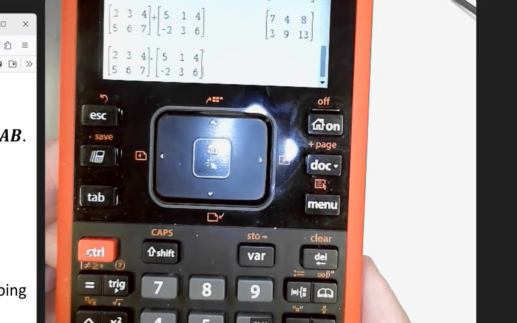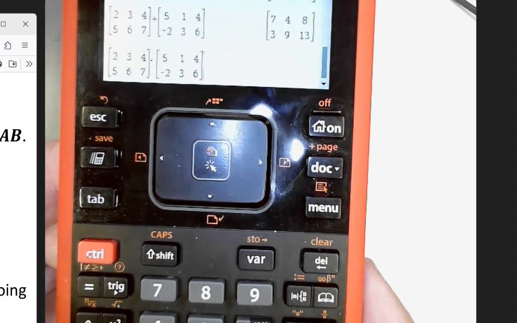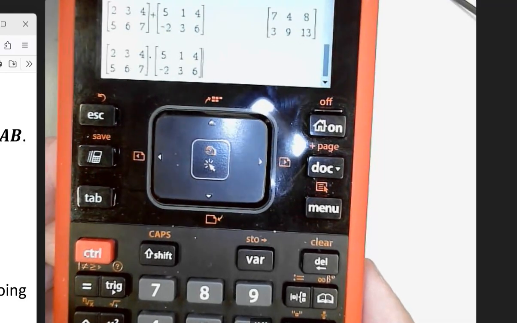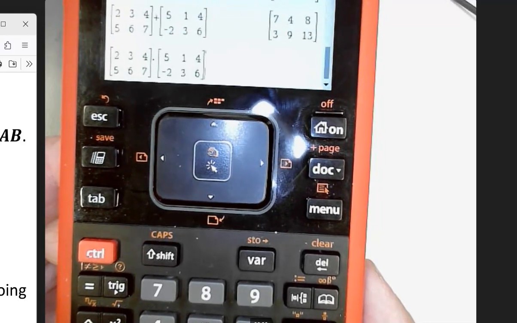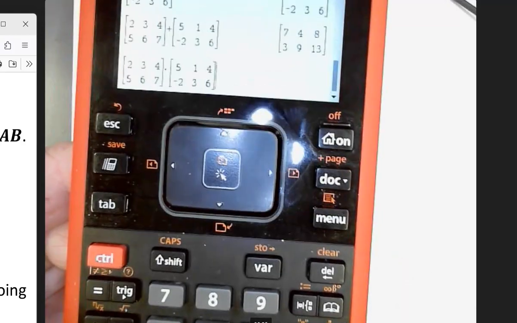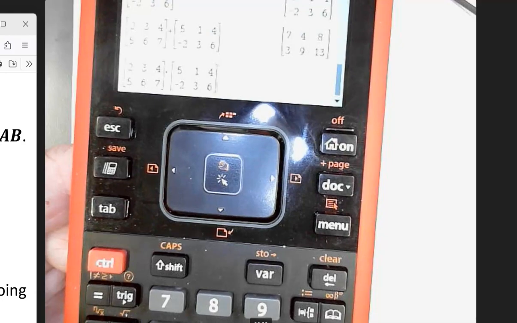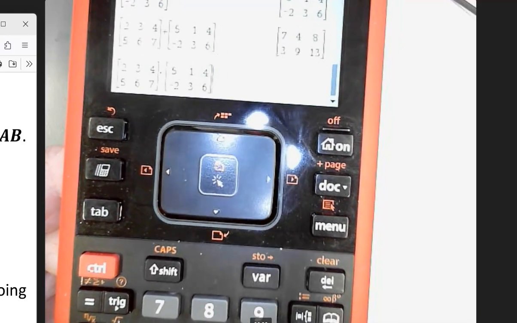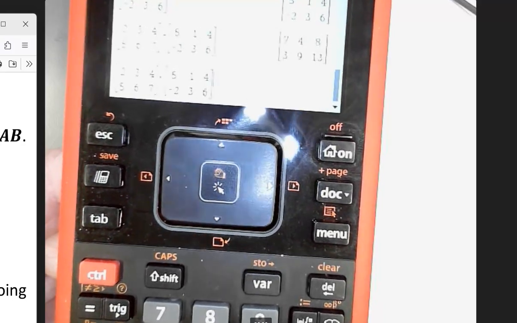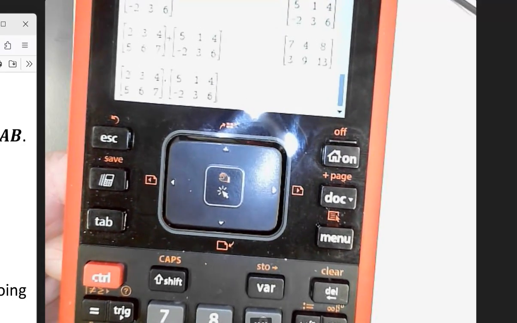And this is what I meant when I said that if I had invented matrix multiplication, I probably would have chosen the same rule as was used in addition and subtraction.